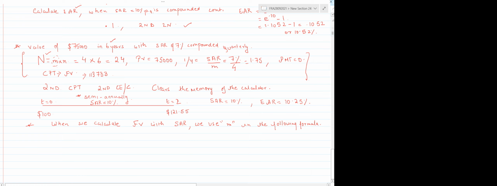What was my formula of FV? FV equals (1 plus SAR by M) to the power M, right? But when we calculate FV with EAR, or my effective annual rate, we do not use M, right?